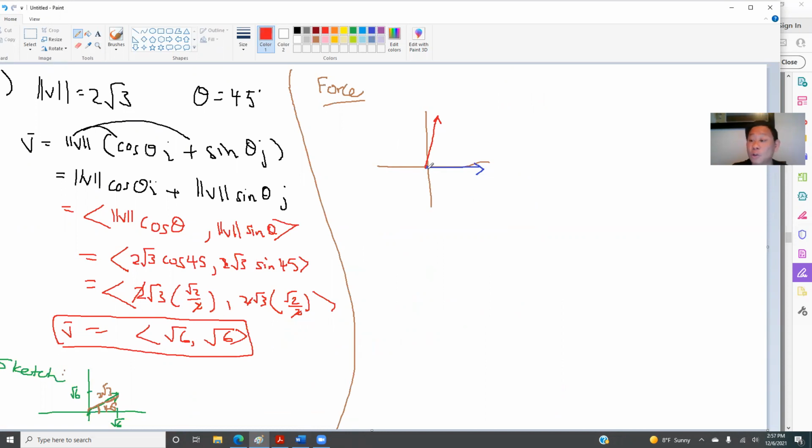Imagine you try to move a table, and you've got two people moving this table. This is your table here. One person is pulling the table exactly along the x-axis, and another person is pulling at 70 or 80 degrees, and each has a magnitude.